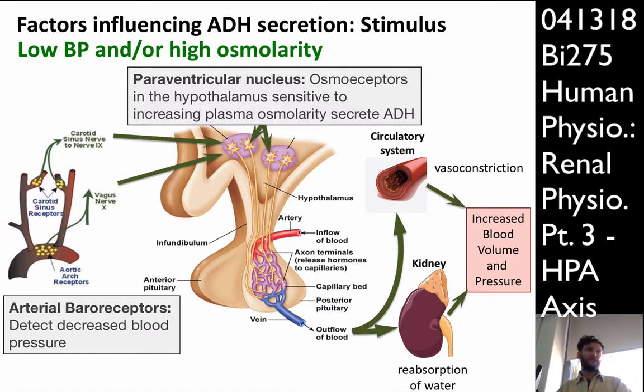So that's the container that the blood fits in, but we're also going to try to actually pump up the volume of the blood, and that's the effect of ADH on the kidney and the resorption of water. We're going to see exactly how it affects the kidney in a moment.